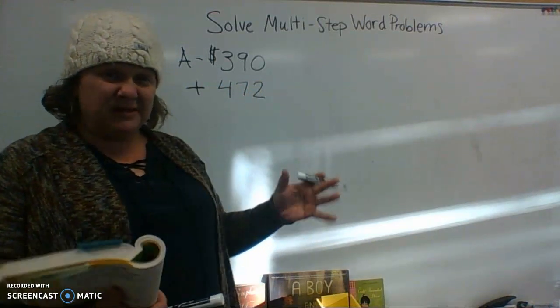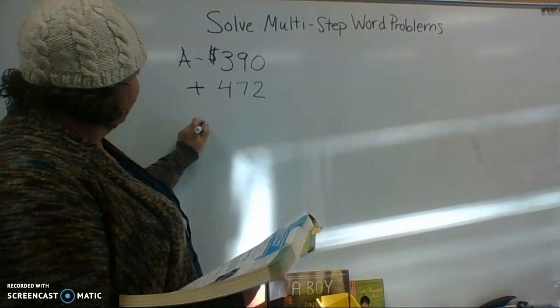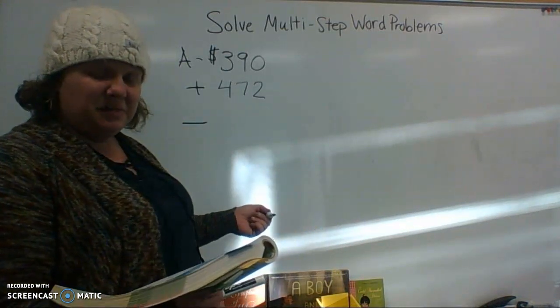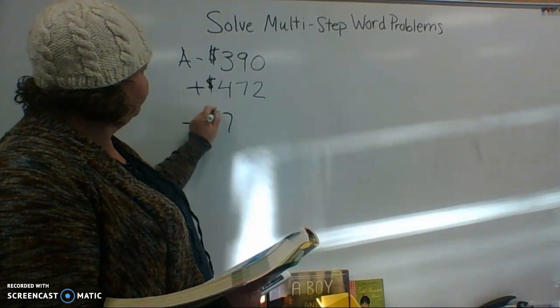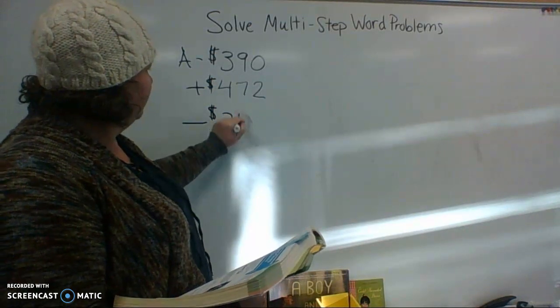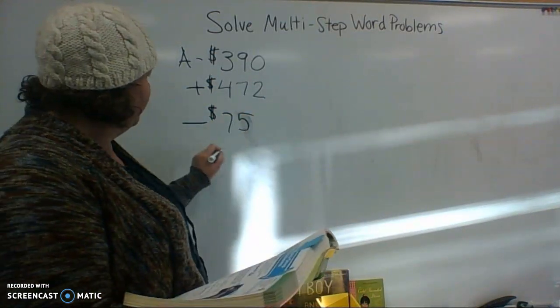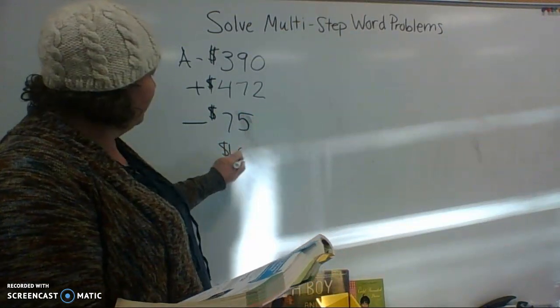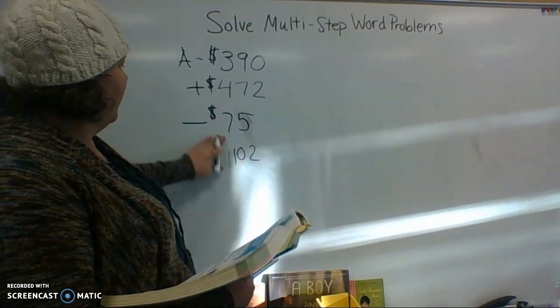Well, if they're paying out something, that means that they're going to have to subtract that from their amount. So I'm going to put a subtraction sign, and I'm going to put the $75. Make sure I wrote 75 and not 77. And then they also had to pay for the rental equipment, which was $102. Okay? And I'm going to write a subtraction sign there.